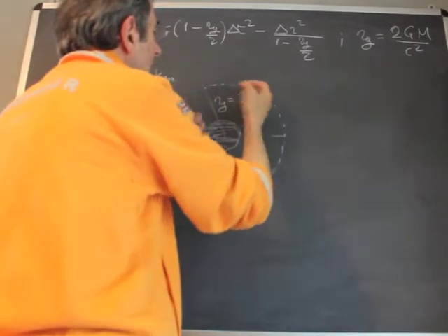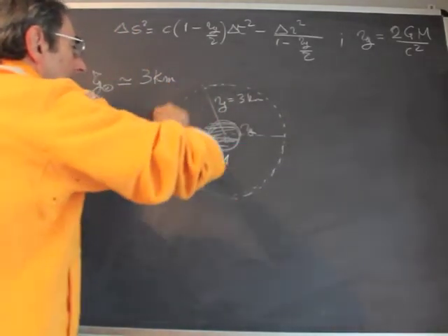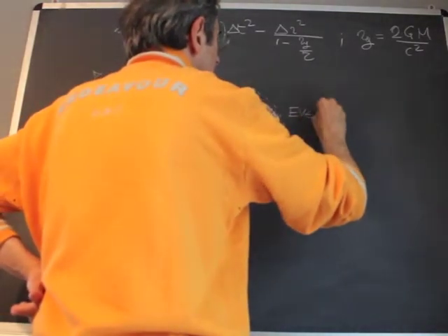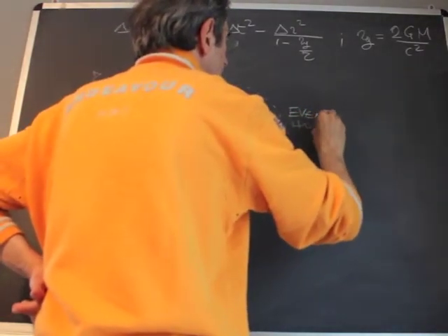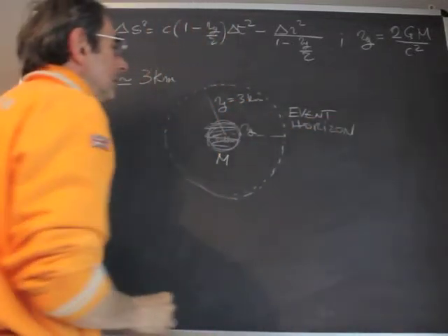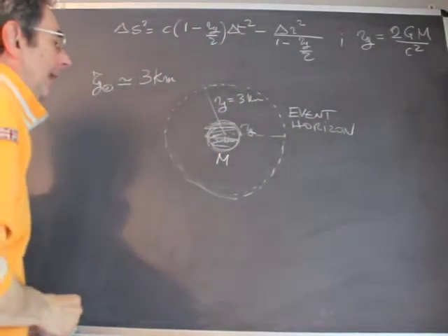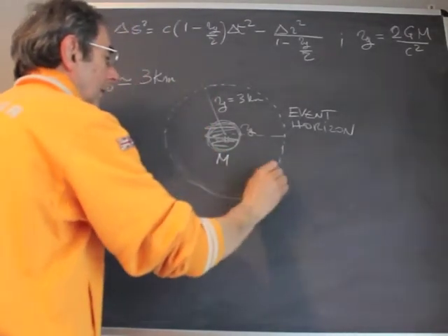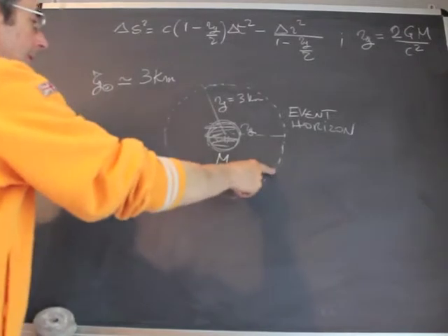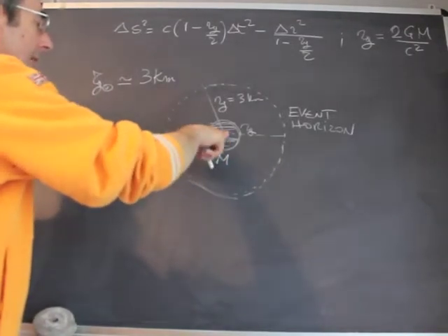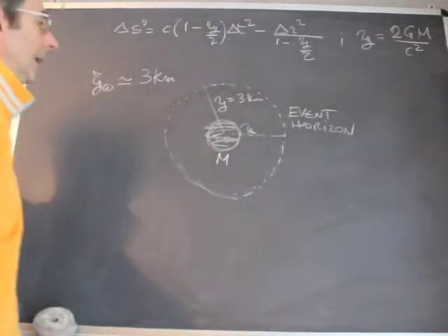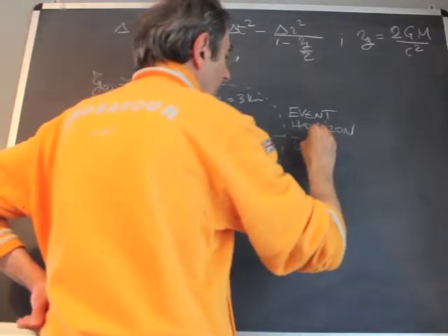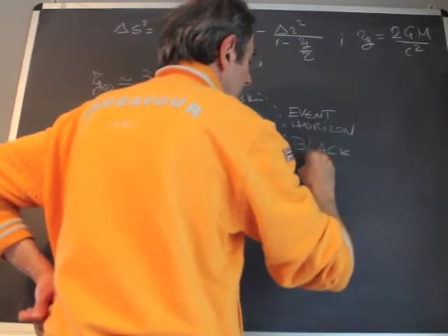This is what we call the event horizon. Nothing can get away from this distance from the center of the mass, and in this case we have created a proper black hole.